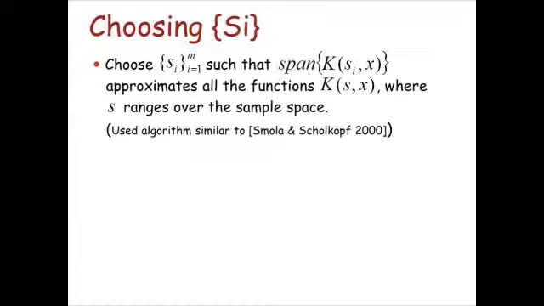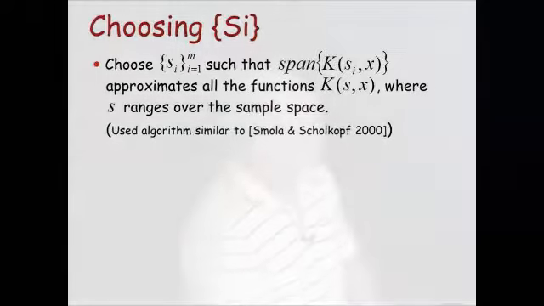And then we have to answer the question which I mentioned before of choosing your SI. Remember that the SI determine the shape of the kernel. Fortunately, this work was done in a paper by Smola and Schölkopf quite a few years ago. And what they ask basically is the following question.